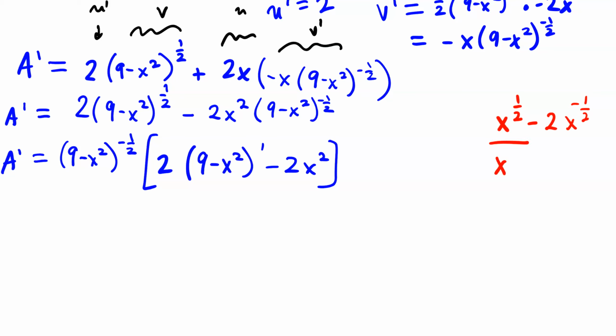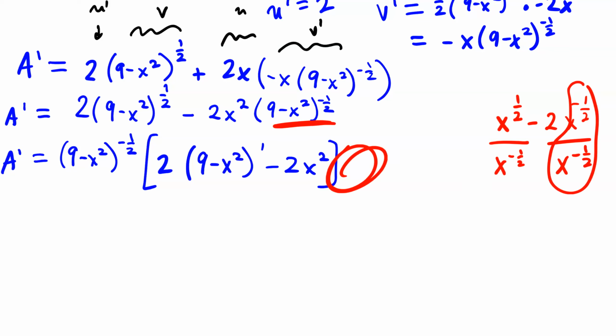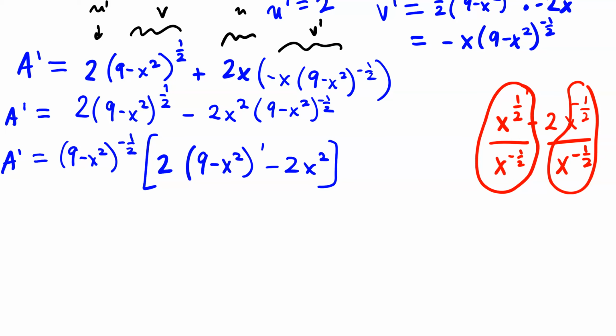It's literally like I'm dividing by x to the negative 1/2 power. So this guy goes away. That's why I don't have anything right here, because it went away when I pulled it out. For this other one, how do I figure out what the exponent should be? 1/2 minus a negative 1/2 is the same as plus a half. 1/2 plus a half is 1. That's why I have an exponent of 1 right here.